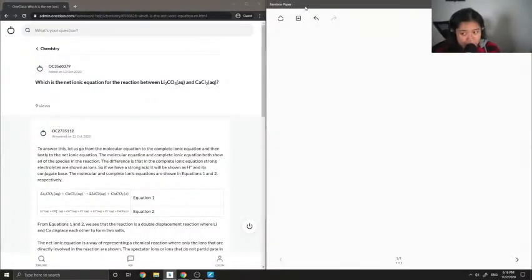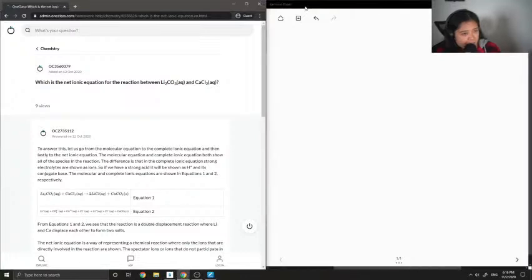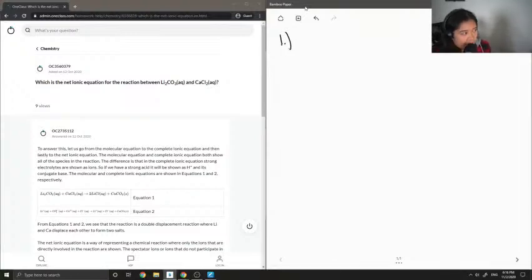Okay, so the first question asks, what is the net ionic equation for the reaction between lithium carbonate and calcium chloride? So when we try to find the net ionic equation, first we want to write out the reaction that occurs.